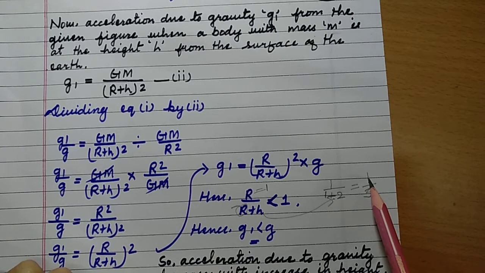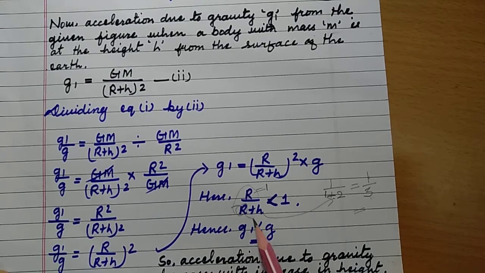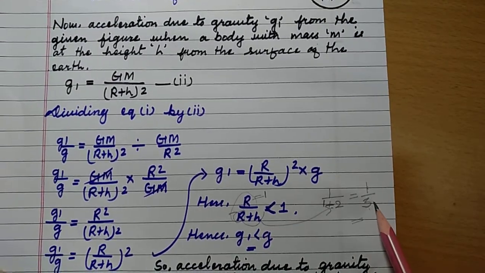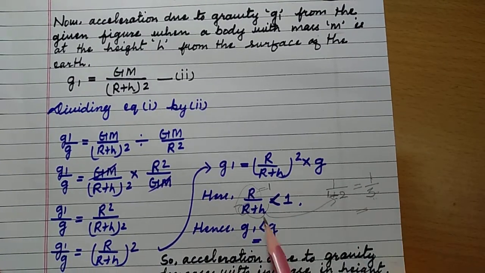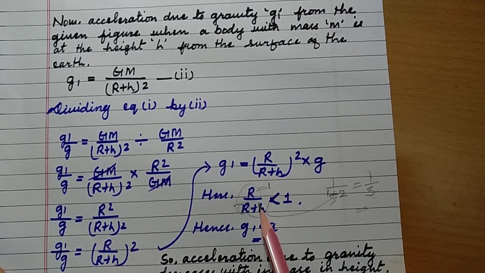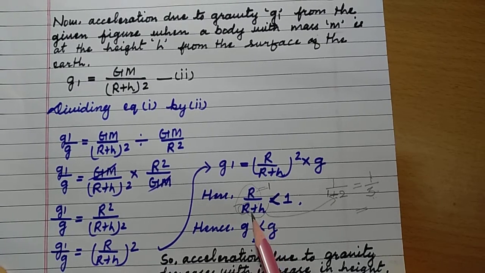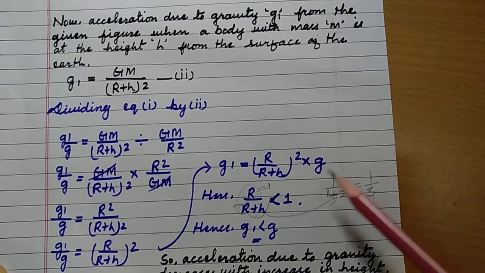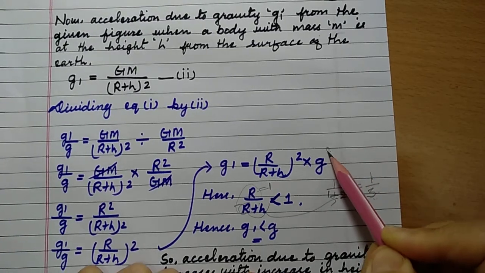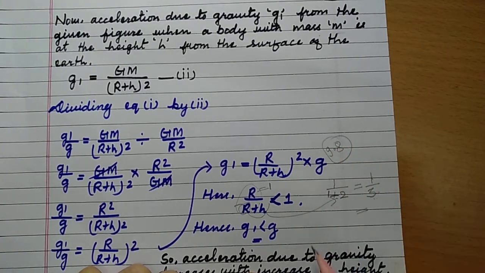And when 1 is divided by 3, you will always get a decimal digit over here, right? It is always less than 1, right? So the value of this whole fraction is always in decimal point, less than 1. And when this less than 1 is multiplied with the value of g, 9.8, it is always less than 9.8.